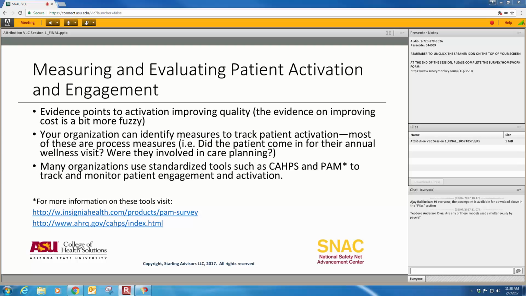But we're going to talk about activation strategies much later in the learnings, and we'll talk about some of the types of measures of patient activation and how they are seen as linking essentially to quality.